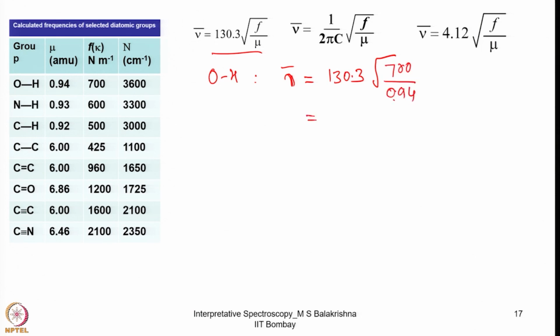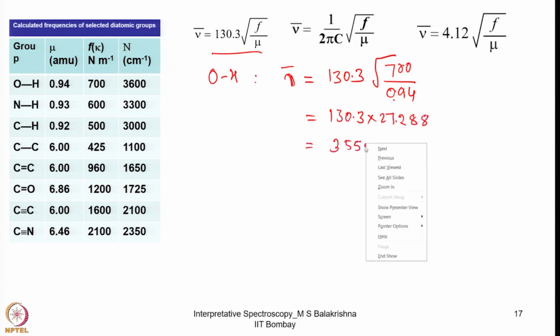If you multiply this simply, it gives 27.288, and then this will give you 3555.7 centimeter minus 1. So what we are getting is 3555 centimeter minus 1, against 3600. This looks fine. And now let's look into the other method.